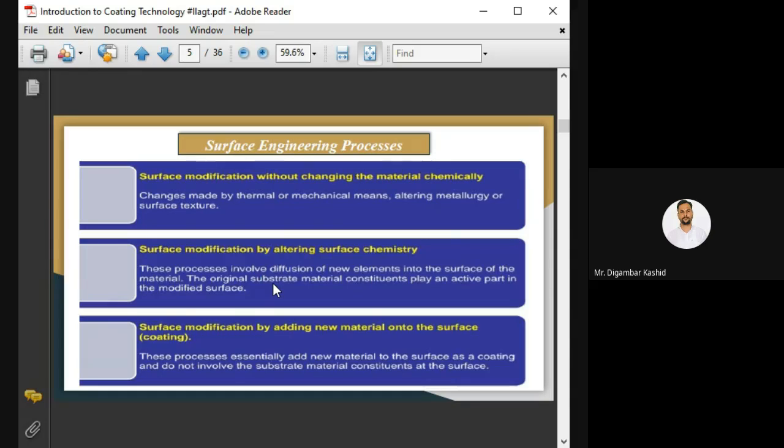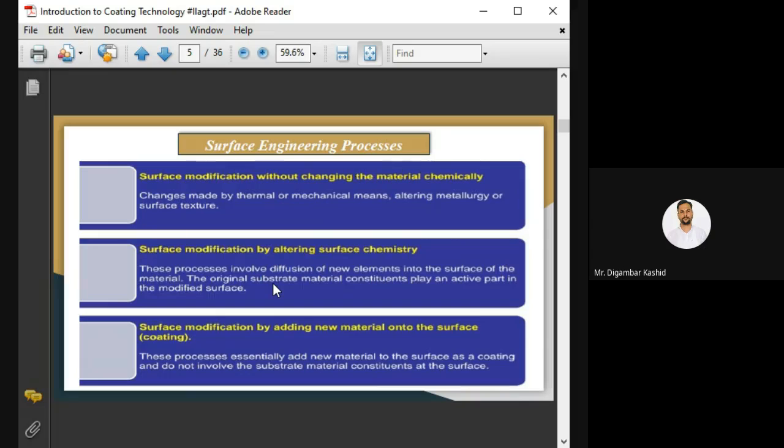Okay, now where do we add the new material? Onto your surface, and it is called the coating. These surface engineering processes essentially add new material to your surface as a coating. The surface on which the coating is done is called the substrate, and the new material that gets added is called the coating.